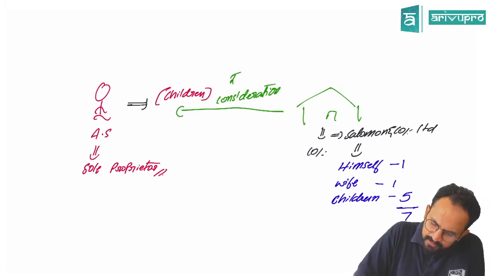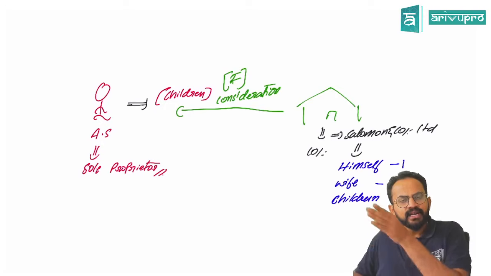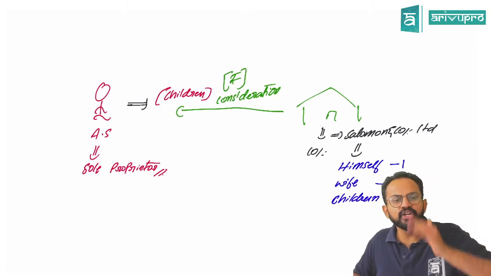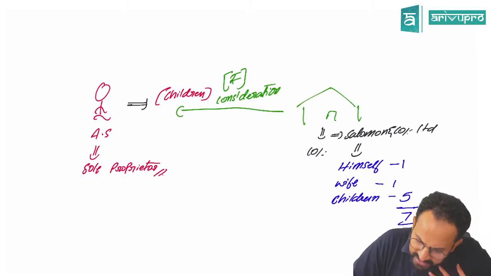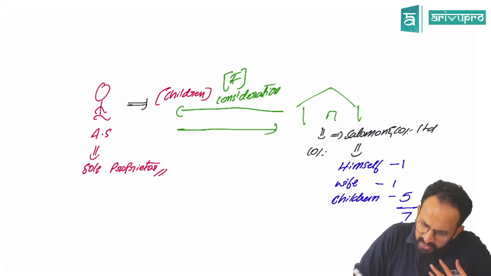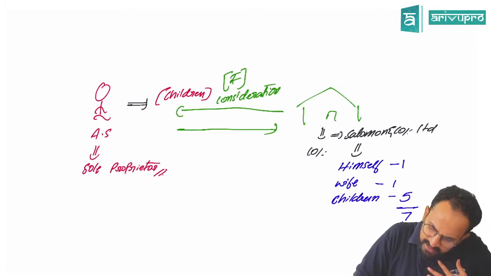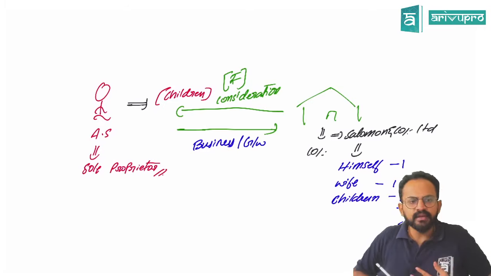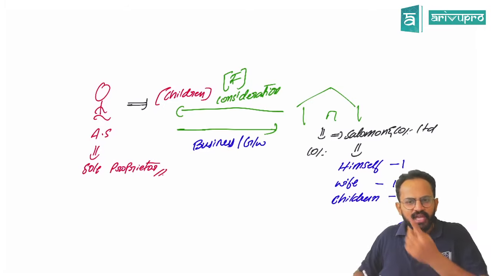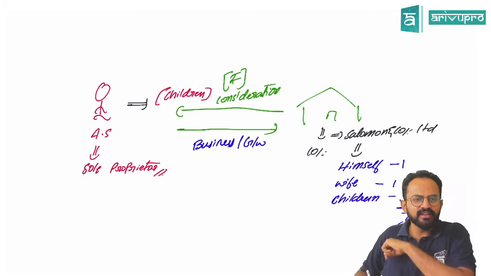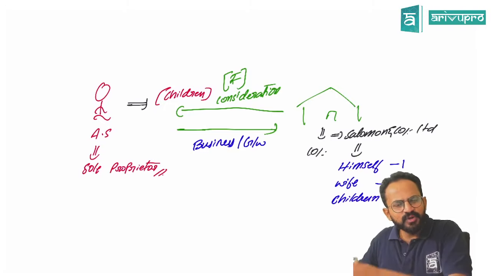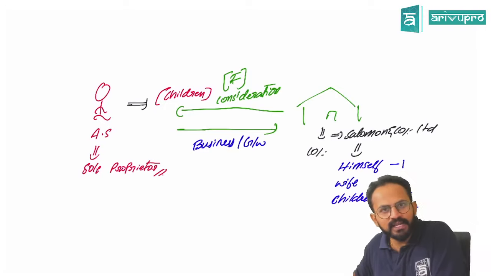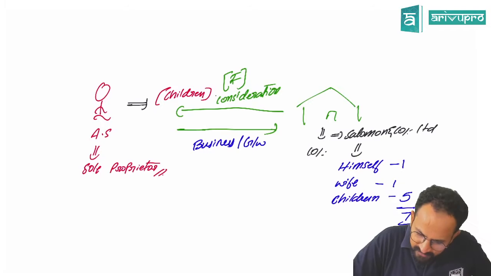Here it is money or something equivalent to money. Salomon and Company Limited will give consideration to Aaron Salomon, and Aaron Salomon will transfer his business and goodwill, everything, to the company. In reality, both are the same person. So he transferred his business to the company, and in return, he took some money.